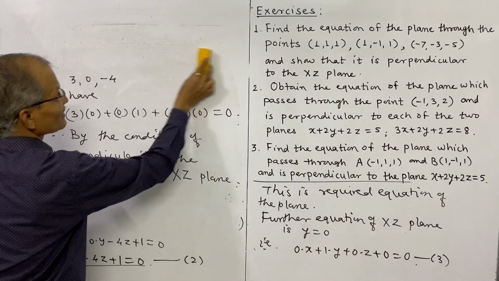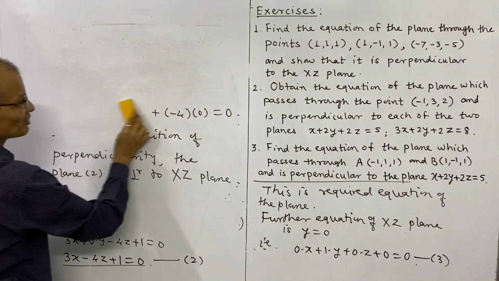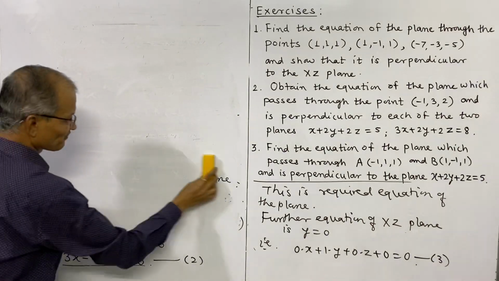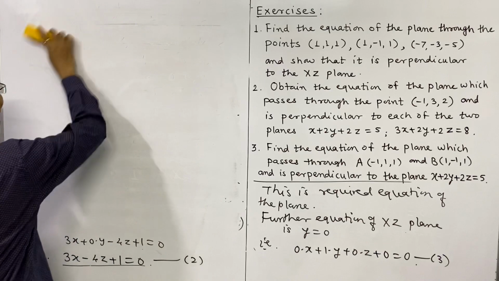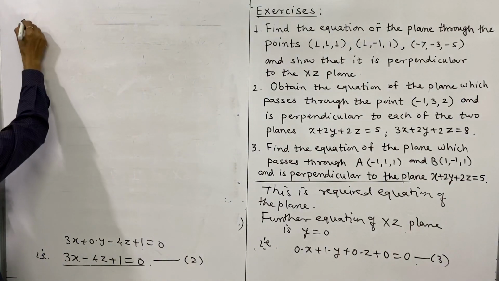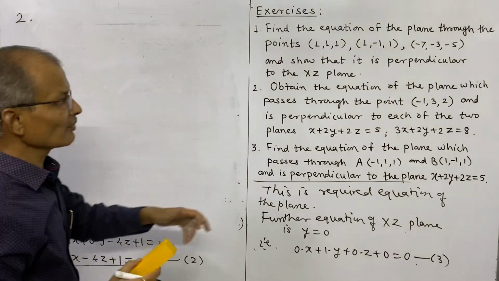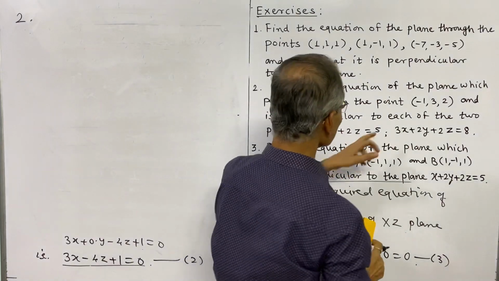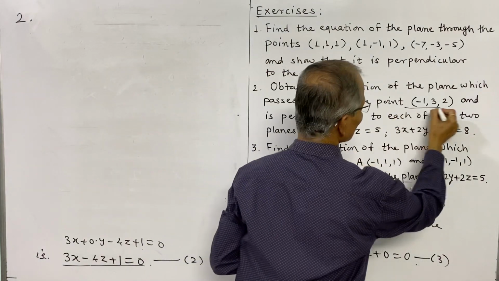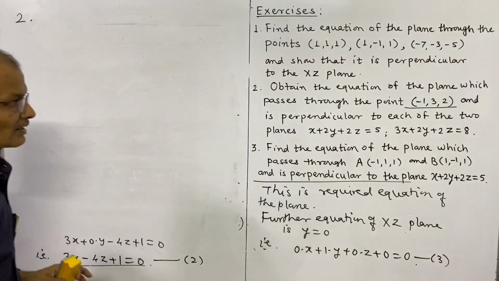Now we will have the solution for the second problem. What is the second problem? We have to obtain the equation of the plane which passes through the point minus 1, 3, 2. First we write that equation.